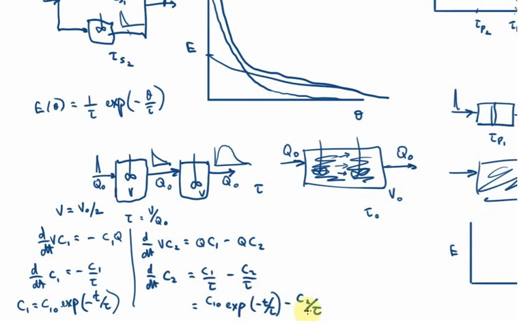If you look at this equation, the variable of the equation is C2, so we do have a C2 in here, and then this is an explicit time dependence. So this is a non-homogeneous ODE, and we can use the method of the integrating factor to solve this equation. So let's have a look at that solution.